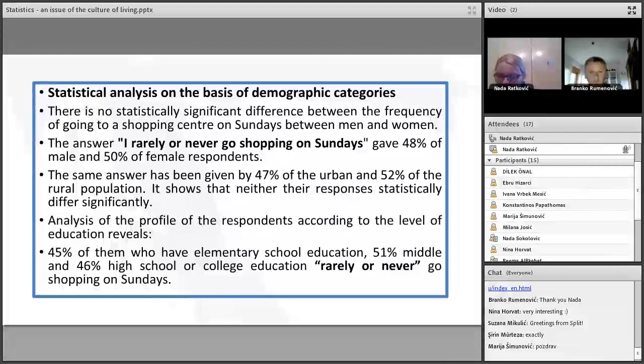The same answer has been given by 47% of the urban and 55% of the rural population. 45% of those with elementary school education, 51% of middle and 46% of high school or college education say they rarely or never go shopping on Sundays.